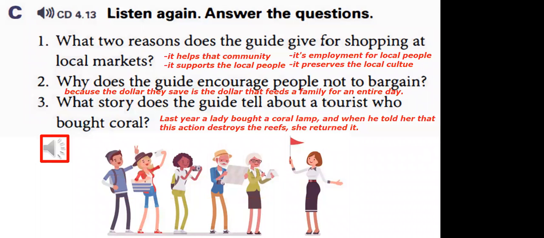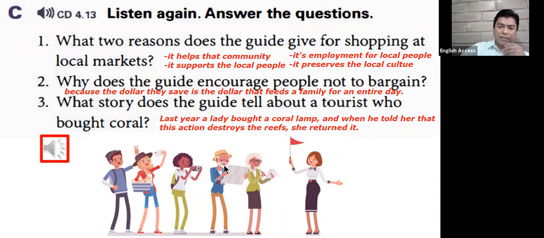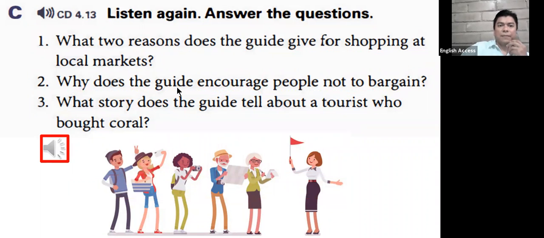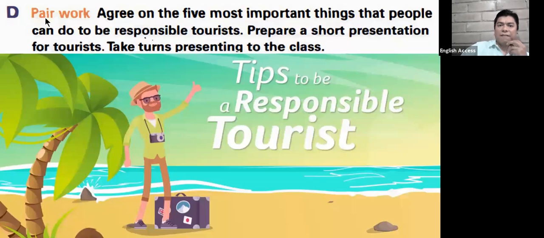No. No? All right. Let's go for the next activity. Agree on the 5 most important things that people can do to be responsible tourists. Prepare a short presentation for tourists.